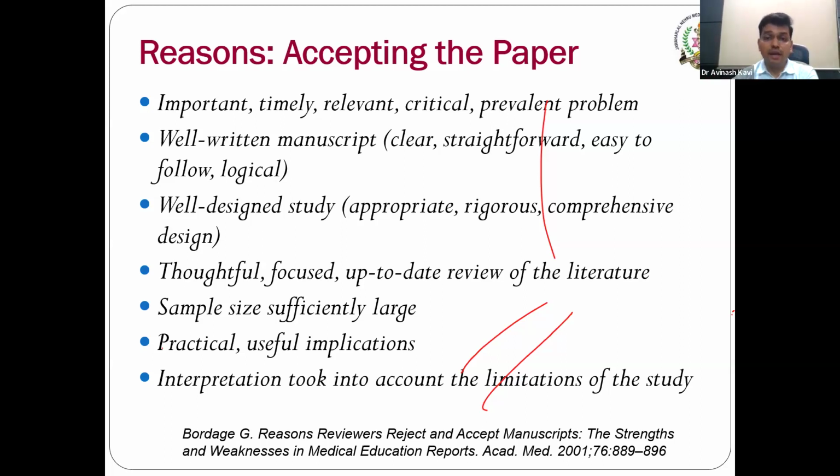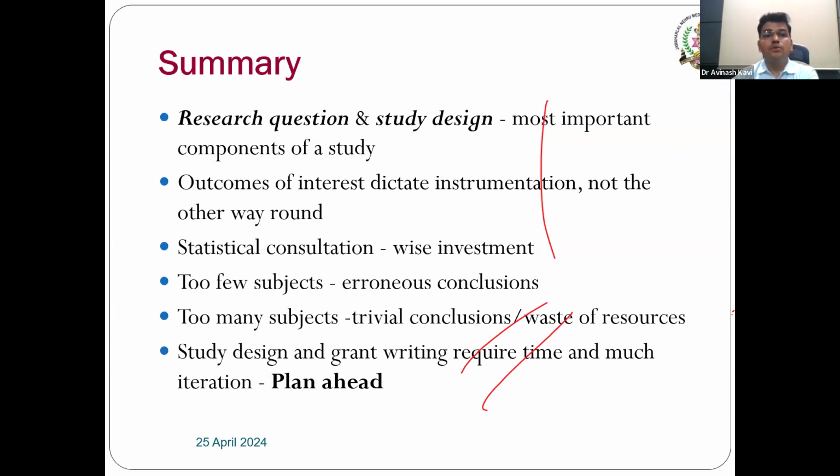But everything relies on the way the study design and the study proposal are written, executed, and finally obtaining the optimal outcomes. So that is what these 8 steps are all about. In summary, the research question and study design are the most important components that we need to look into. The outcome of interest dictates the instrumentation and not the other way around.